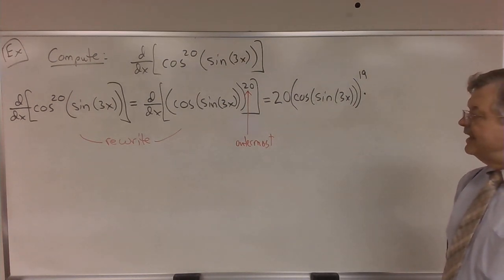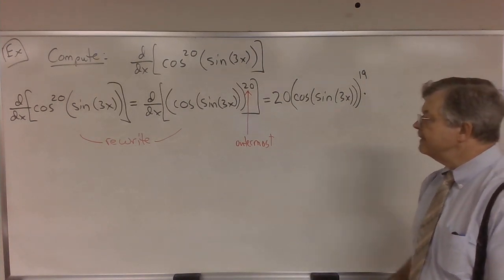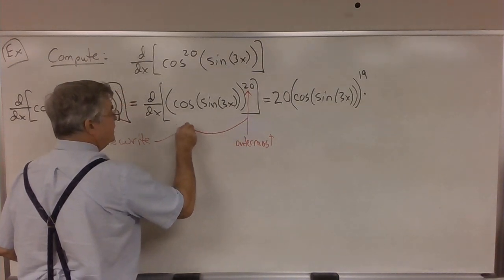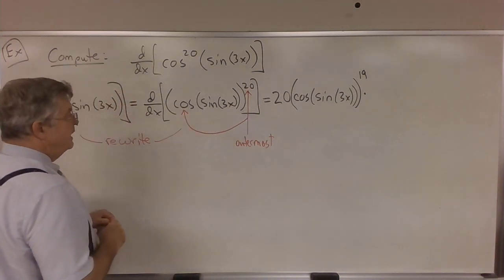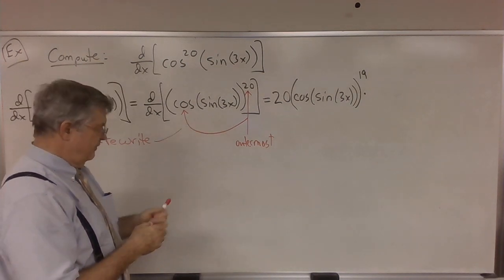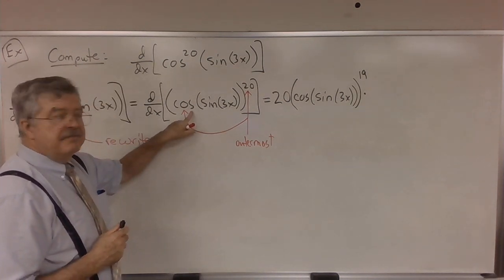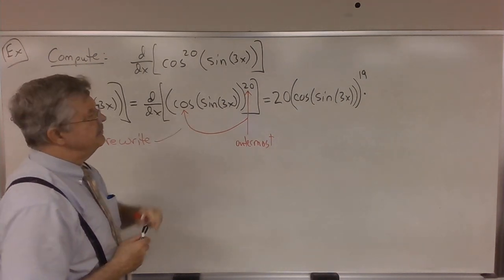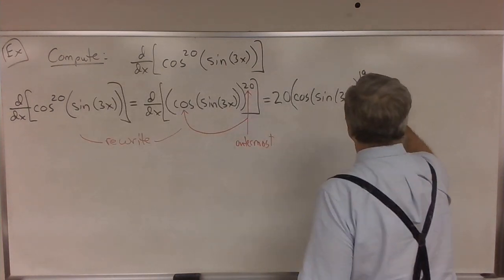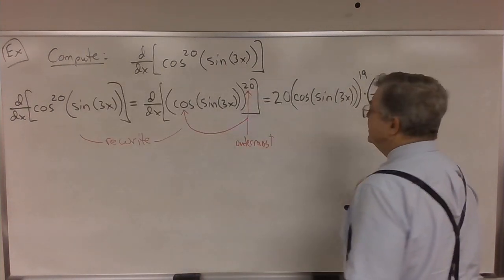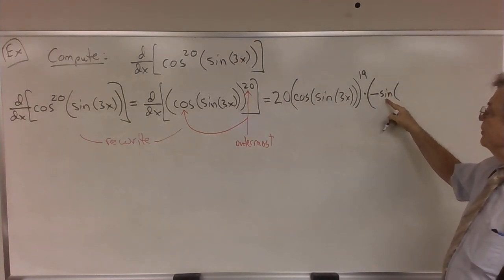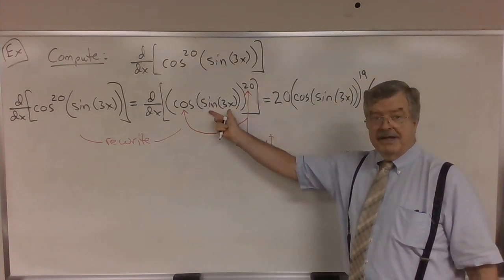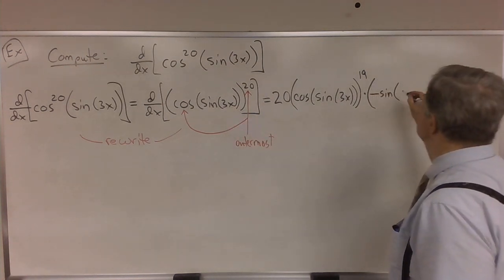But then we go to the next outermost function. And that's going to be cosine. And cosine is evaluated at sine of 3x. So we compute the derivative of the next outermost function, which is negative sine of something, evaluated at everything inside, sine of 3x.